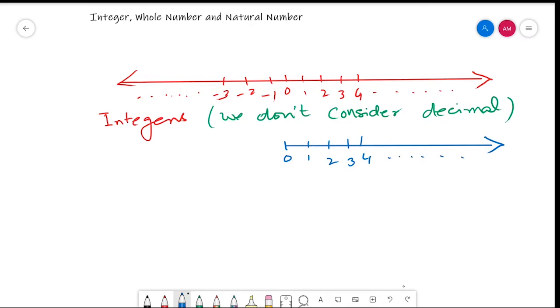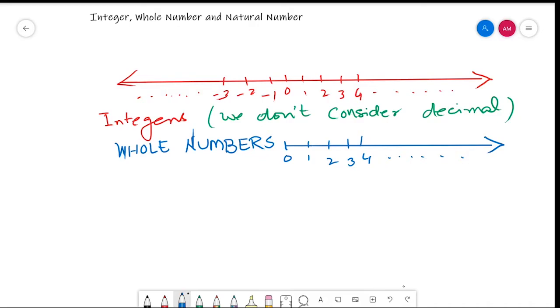So this is our whole number line. It means we have 0, 1, 2, 3, and so on, and they are only positive.